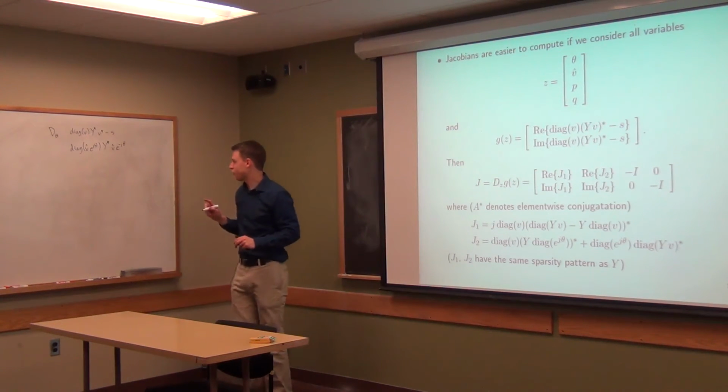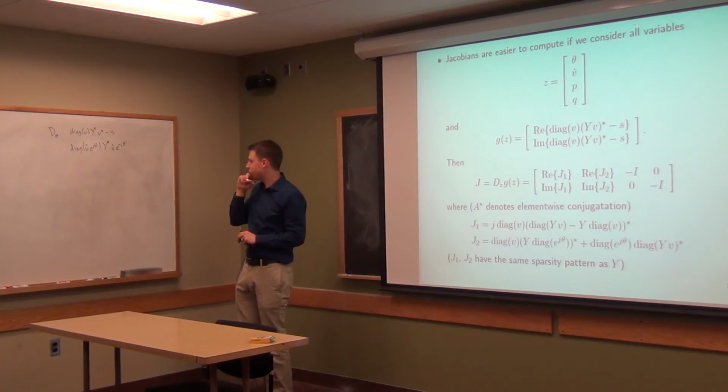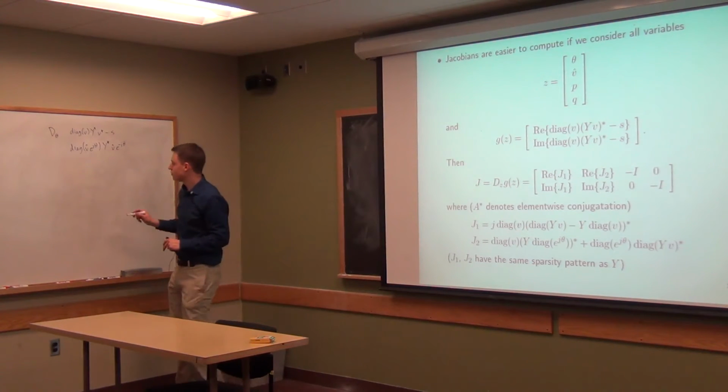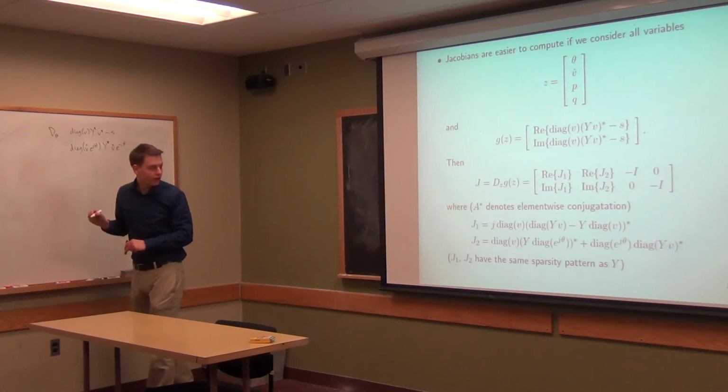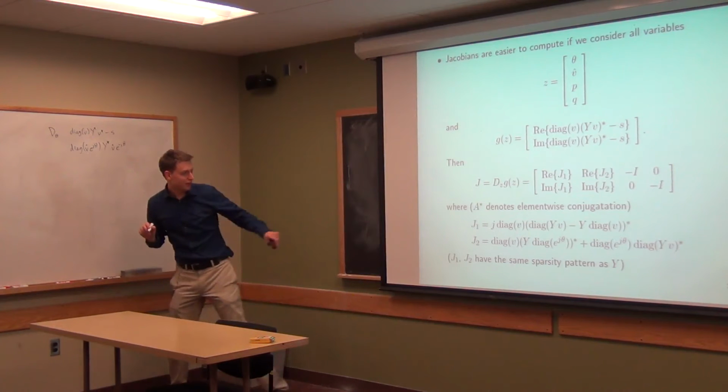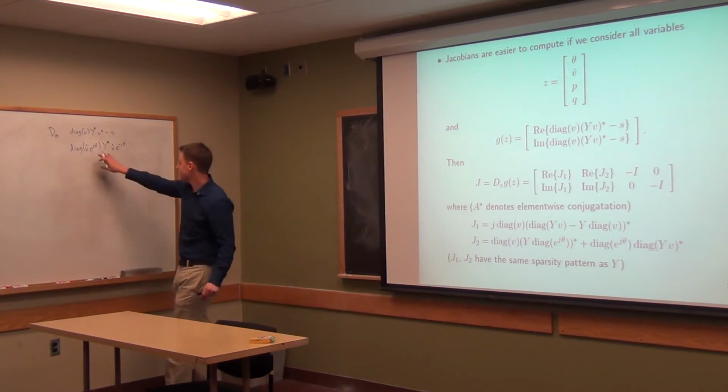So let's look at theta. When we take the derivative with respect to theta, you'll get a j in front, that's the term that multiplies theta. Let me make sure I'm getting this right. Yes, you get something that looks like this.